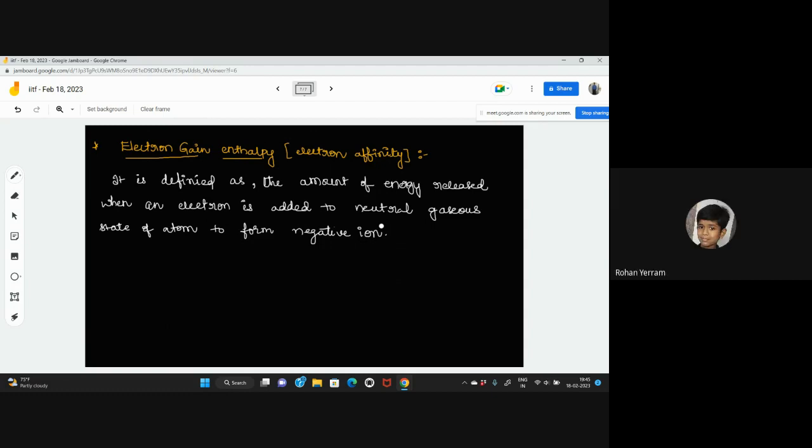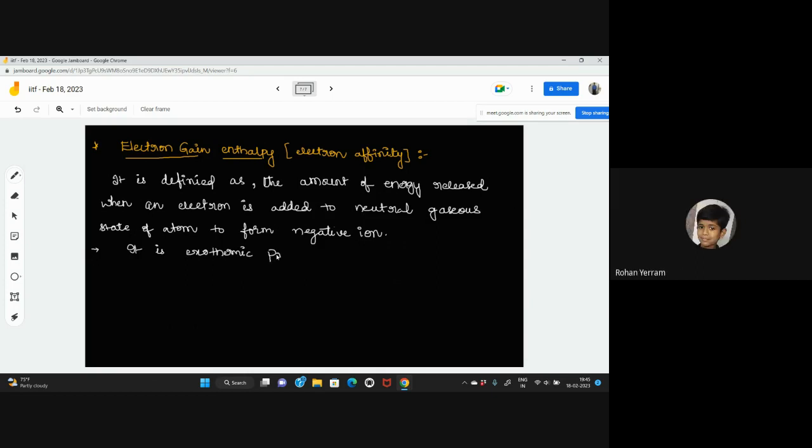Endo, sir. No, exo. Exothermic. So generally it is exothermic, though certain exceptions are also there.